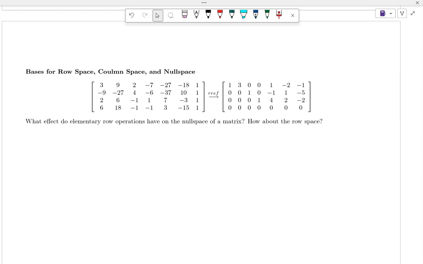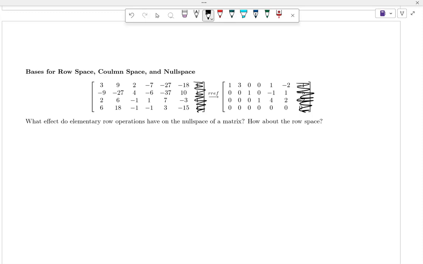However, in this particular case, I'm not interested in what's going on here, so I'm just going to scribble it out. I want to worry about just the coefficient matrix and seeing what's going on. I want to talk about what the null space of this matrix looks like, what the row space looks like, and what the column space looks like. That's what I'm interested in.